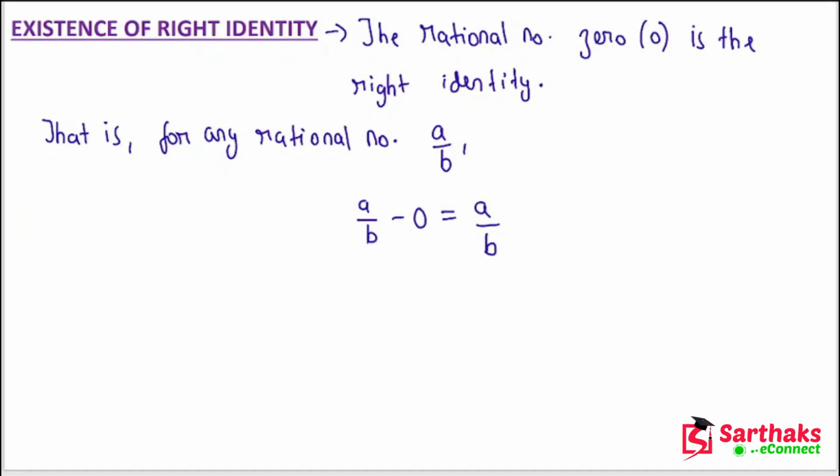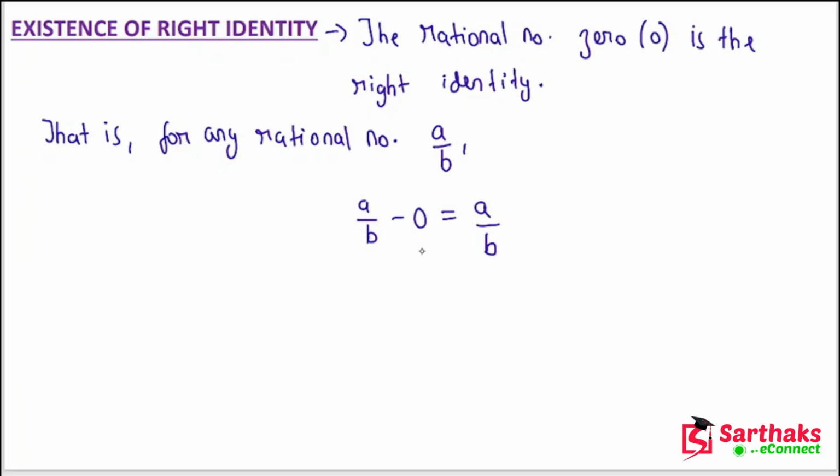So that is why we are calling it right identity, because you cannot put 0 on the LHS. If you do so, then 0 minus a by b will change the number to minus a by b, which should not happen. So right identity is called because you can subtract 0 from the number and it will not make any change in the number. That was also the case in addition of rational numbers.